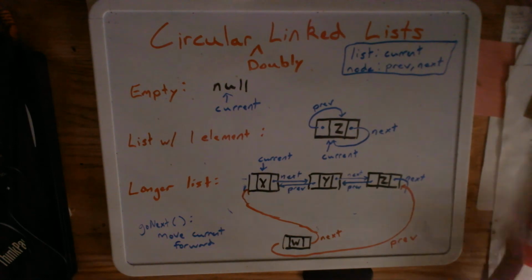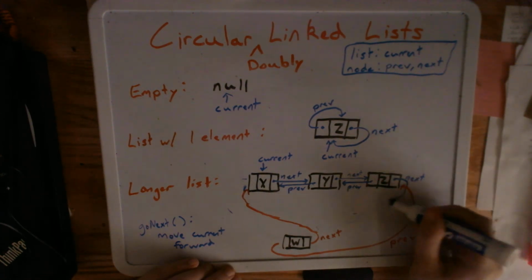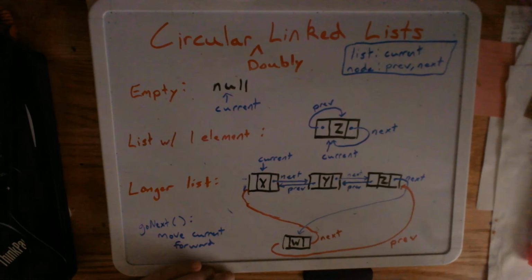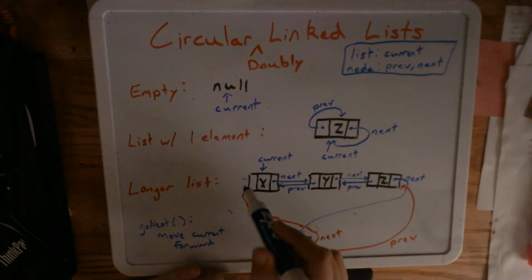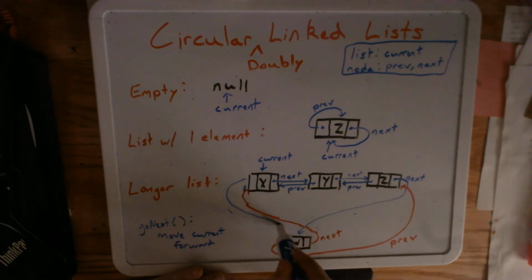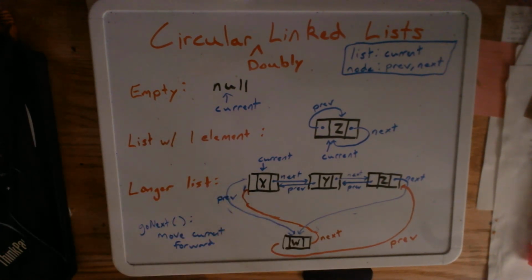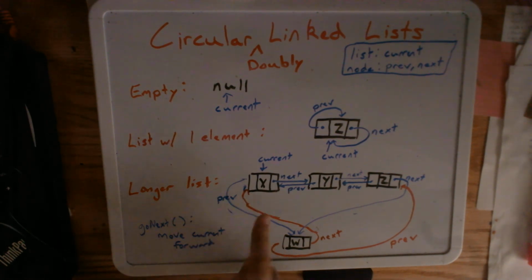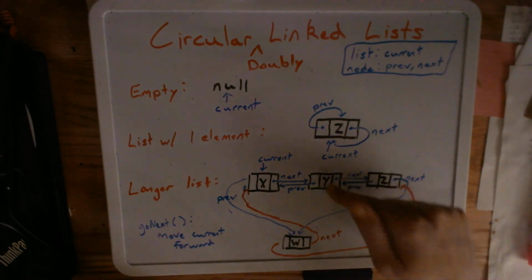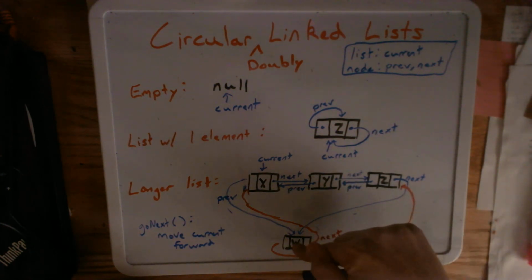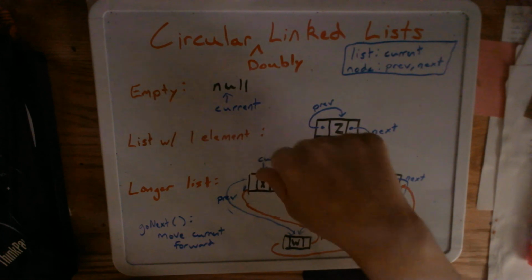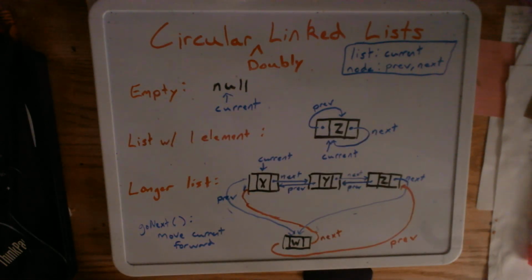Now Z for its next should point to W, and X's prev should also point to W. Right, so now our list in order, starting at X would go X, and then Y, and then Z, and then down to W, right? And then from W we come back to X. So that's a basic picture of a circular doubly linked list.